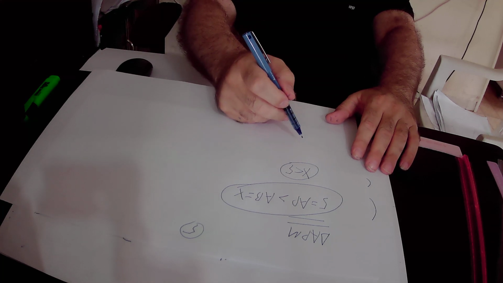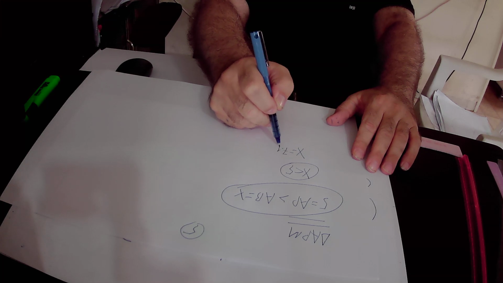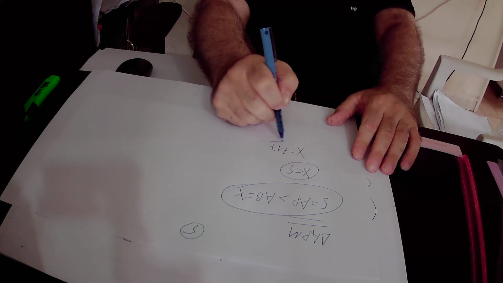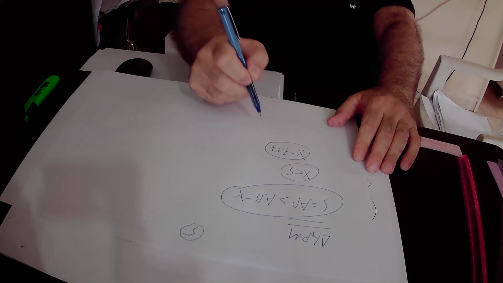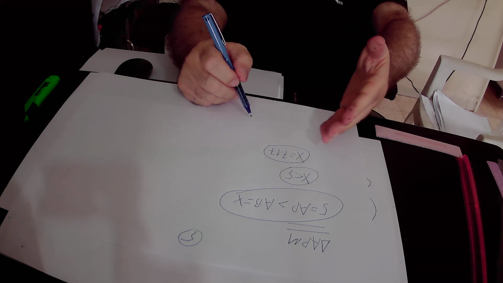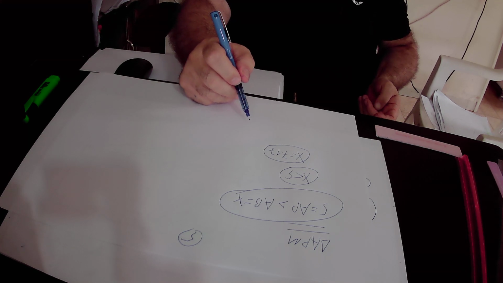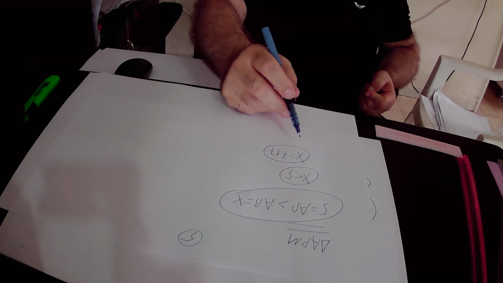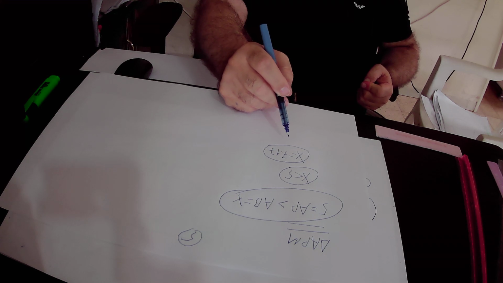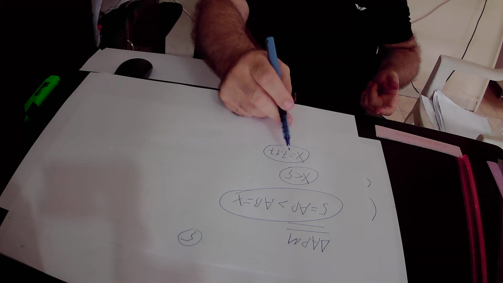But we just found that x equals 7.17, that is bigger than 5 units. Okay, so we have here a contradiction. According to the drawing, x must be less than 5 units, while we found that x is equal to 7.17 units, that is bigger than 5 units.